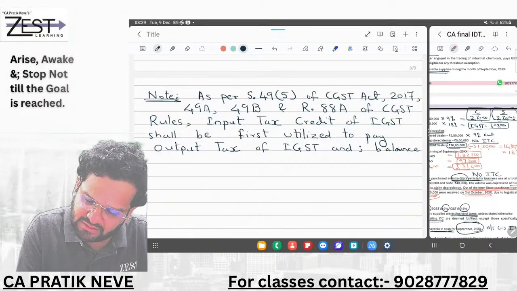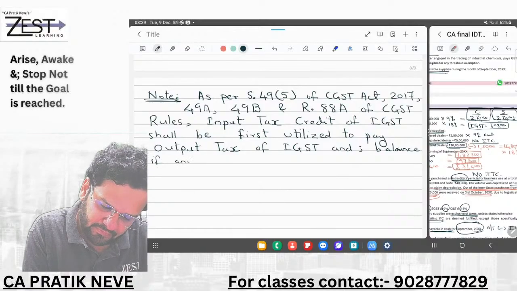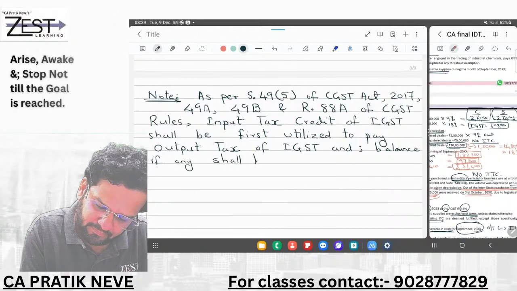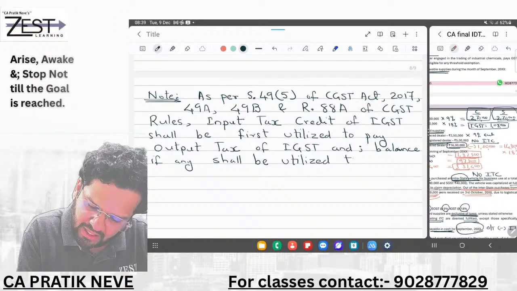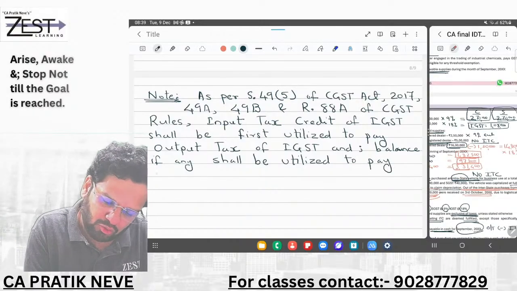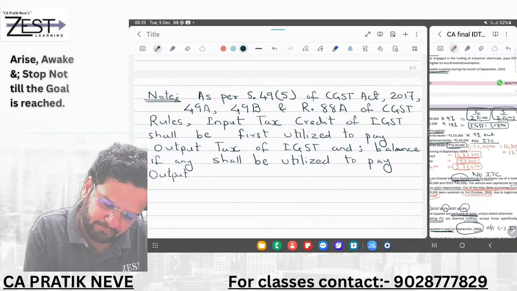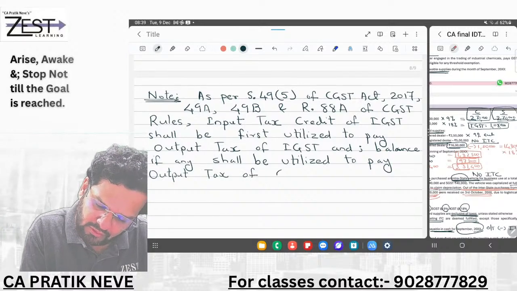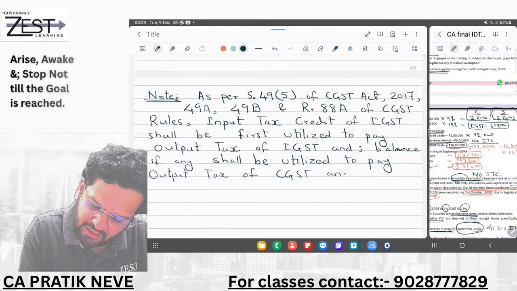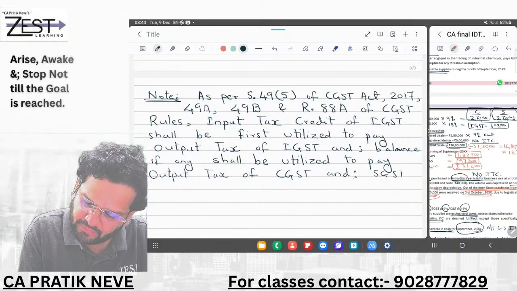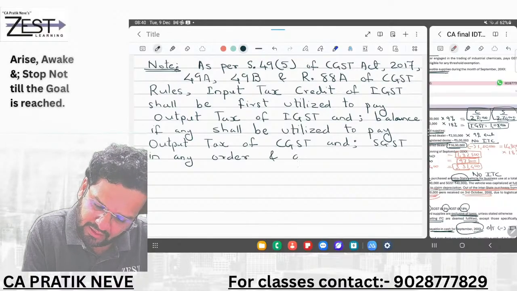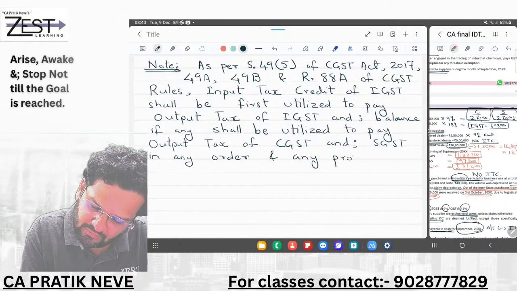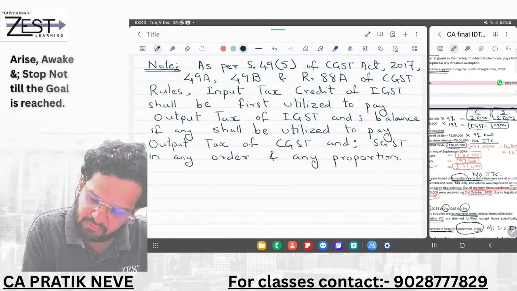and balance if any shall be utilized to pay output tax of CGST and SGST in any order and any proportion.